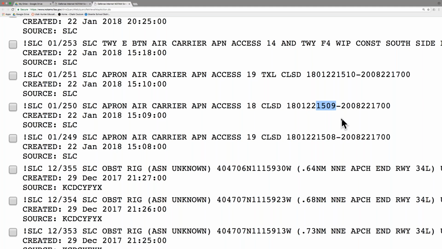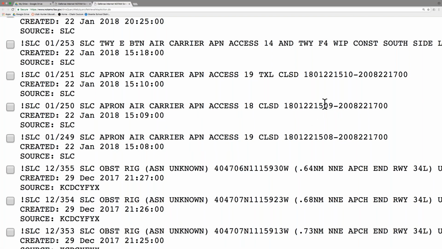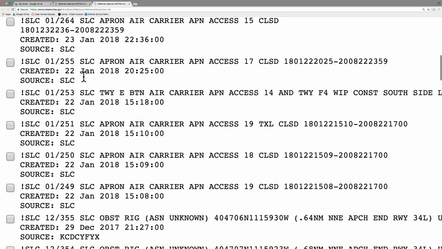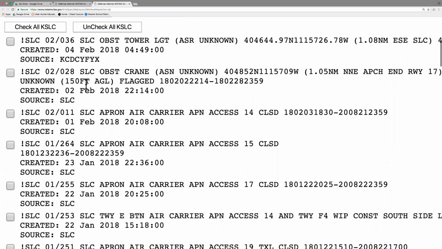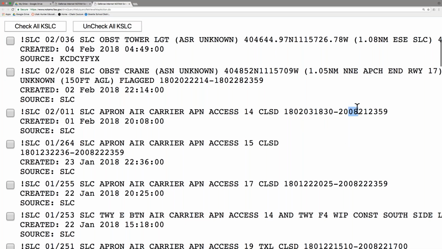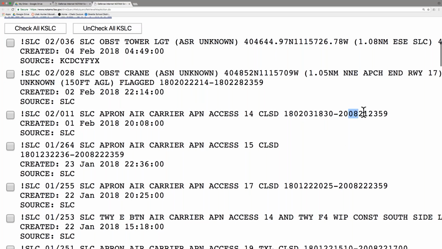Either way, it says the same exact thing, right? So 18 is just February, third day of February at 1830 Zulu, and it's effective until August 21st, 2020 at 2359 Zulu.